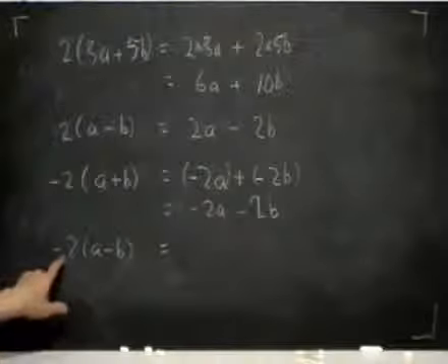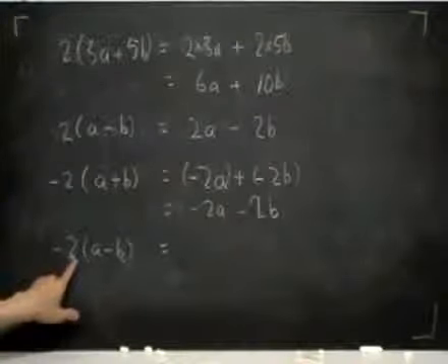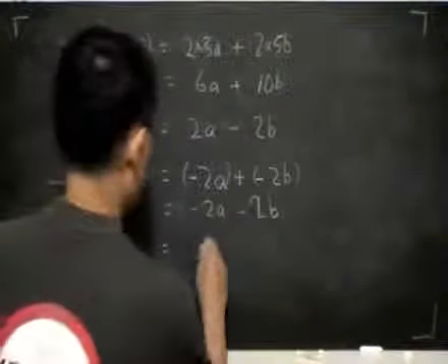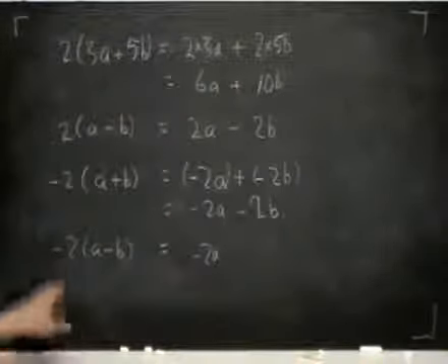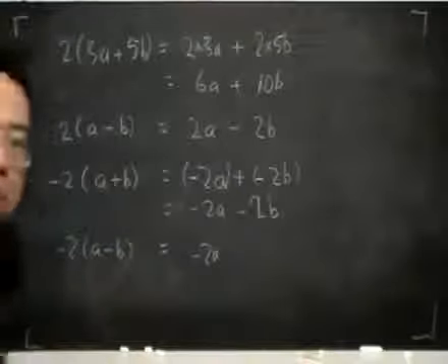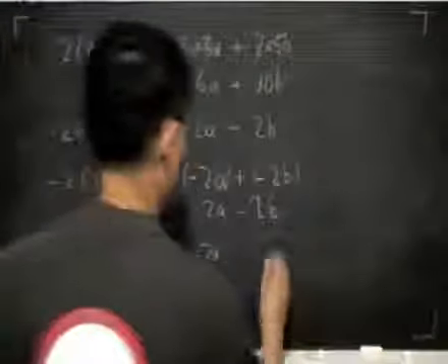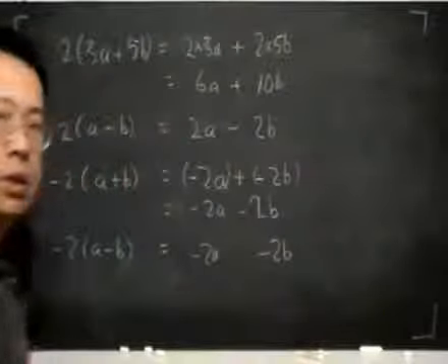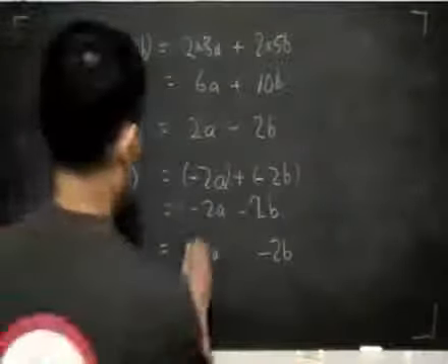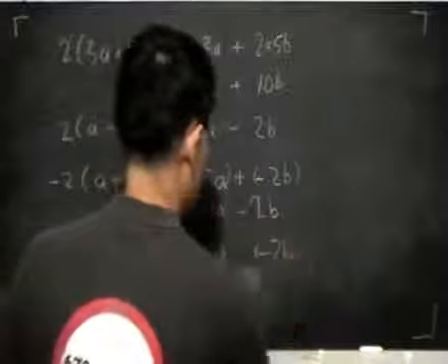So we have minus 2 times a. That's minus 2a. And we have minus 2 times minus b. That's plus 2b. And again, I'm going to put brackets around it just to be very safe.